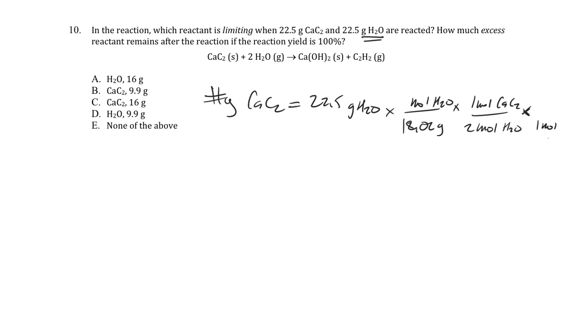So 1 mole of calcium carbide, 64.1 grams. And so if we work this out here, 22.5 divided by 18.02, so that's about 1.25 moles of water, divided by 2 times 64.1 is 40.0 grams of calcium carbide.